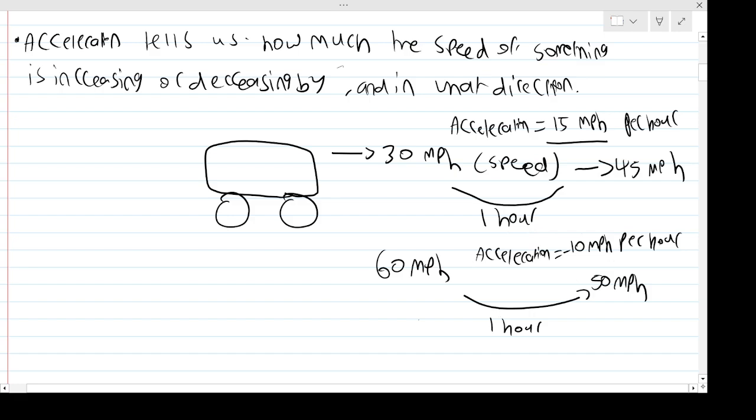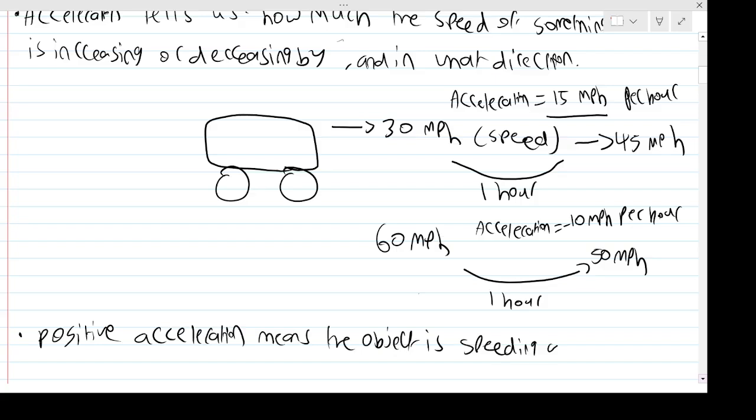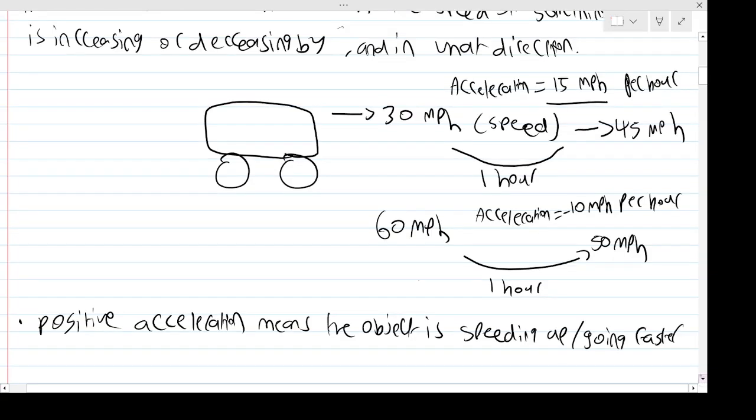Okay, so if we were to summarize this, when we have positive acceleration, that means the object is speeding up, okay, or moving faster, or going faster. Conversely, negative acceleration instead means the object is slowing down.